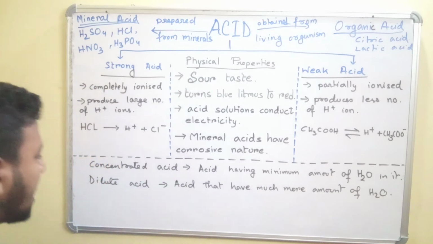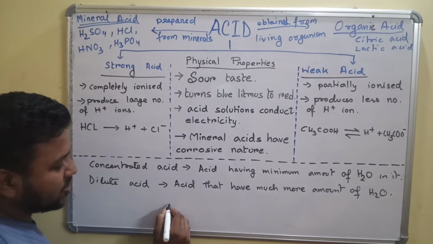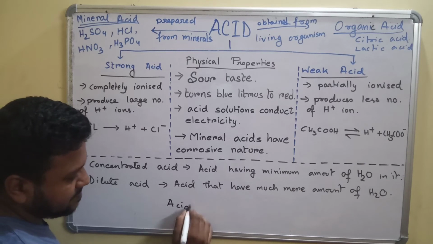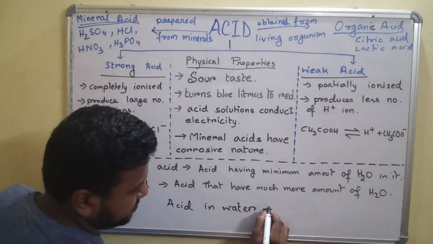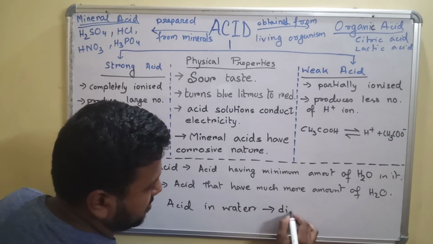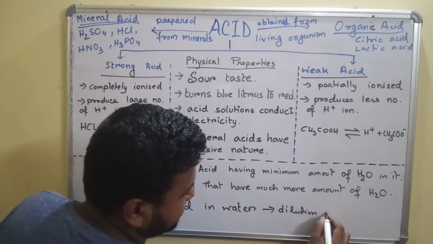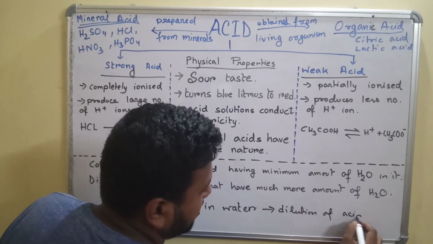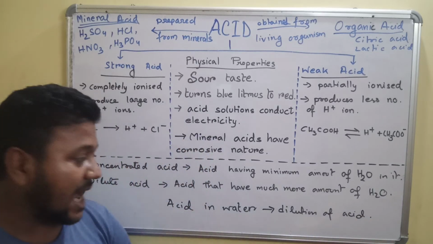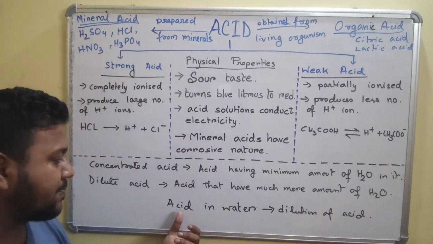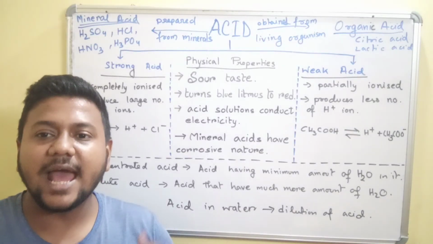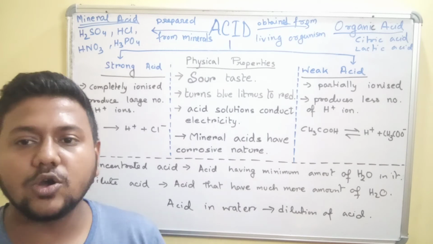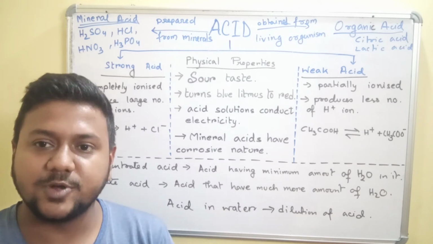Now, dilution. The concentrated acid has to be diluted. In order to dilute acids, we put acid in water. When we put acid in water, a lot of heat is liberated.